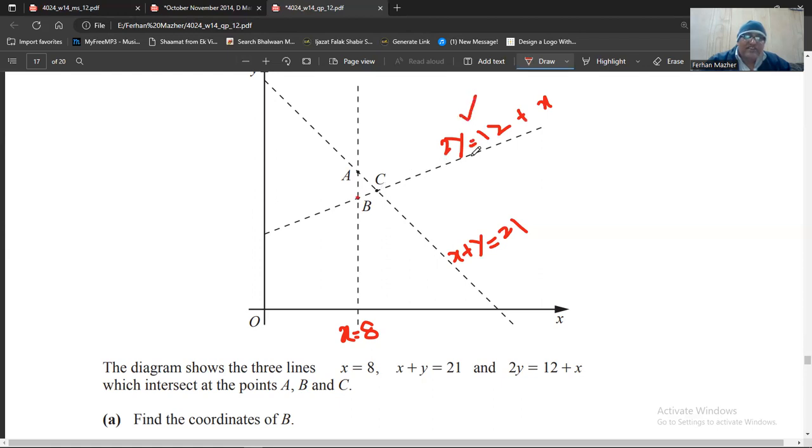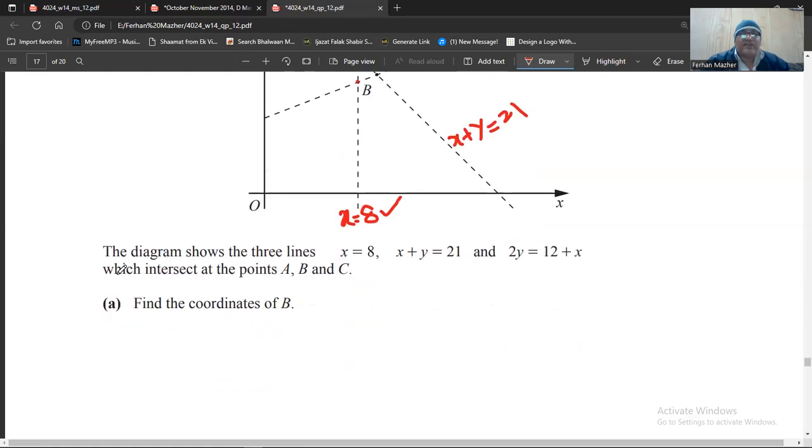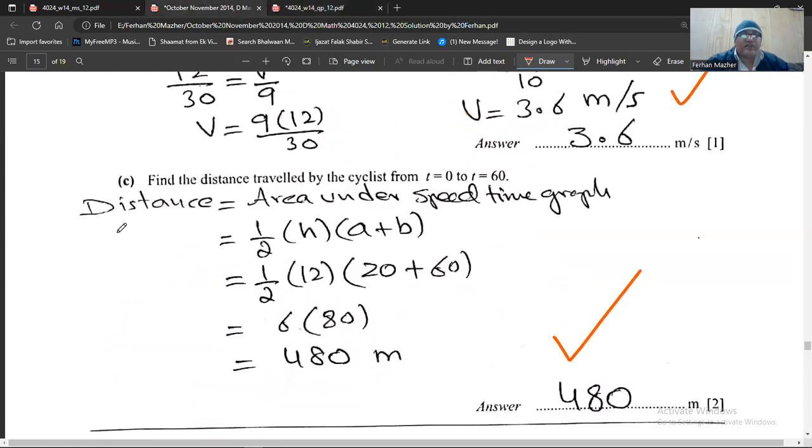So this is basically the intersection of this and this. So x is equal to 8, put this here, and you will get the y, you will get the coordinates of B. Very simple, straightforward.